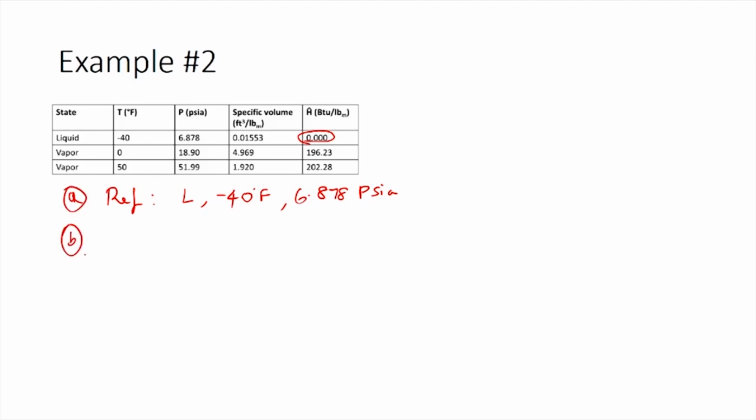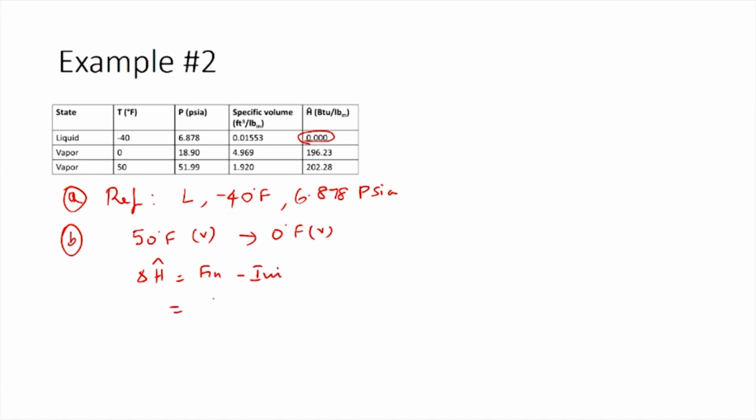Now, for the second part of the problem, we would have to find the difference in specific enthalpy for the process where 50 degree Fahrenheit vapor is cooled to 0 degree Fahrenheit vapor. So, this means the initial condition is 50 degree Fahrenheit vapor and the final condition is 0 degree Fahrenheit vapor. So, the difference in specific enthalpy, delta H cap, will be final minus initial.